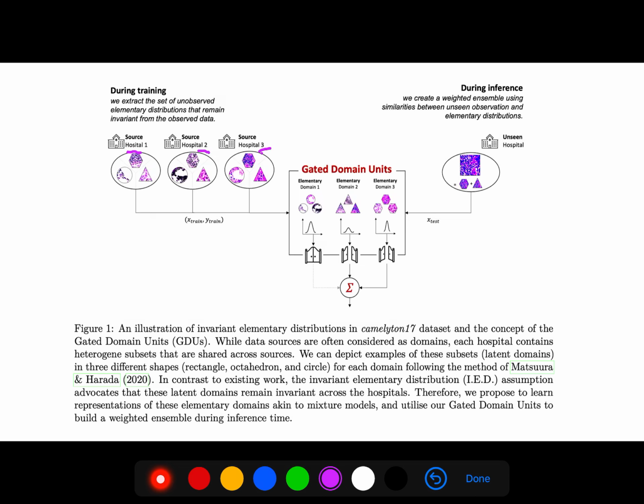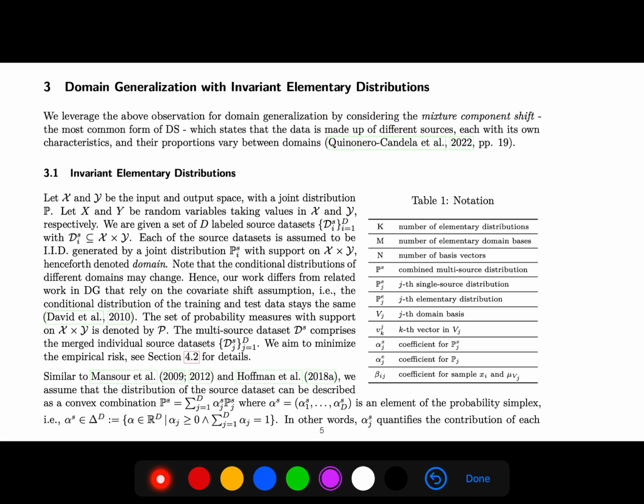So our latent domains, we have them in three different shapes. For example, this one is circle. Just for illustration, they show it for different shapes. But they use gated domain units.